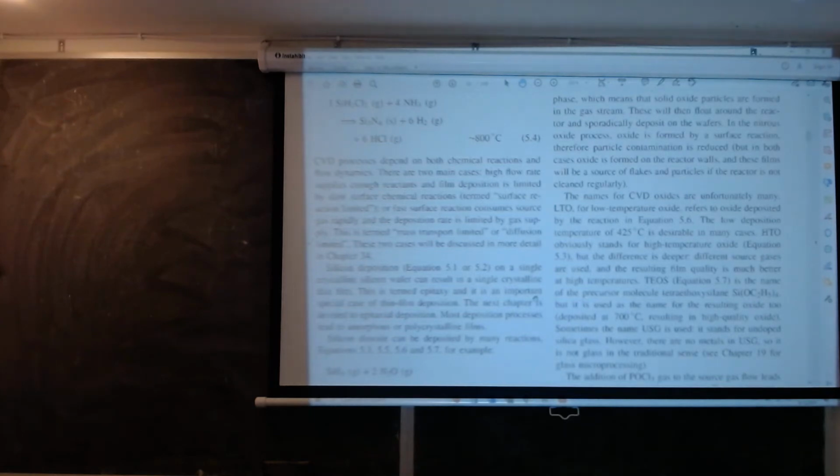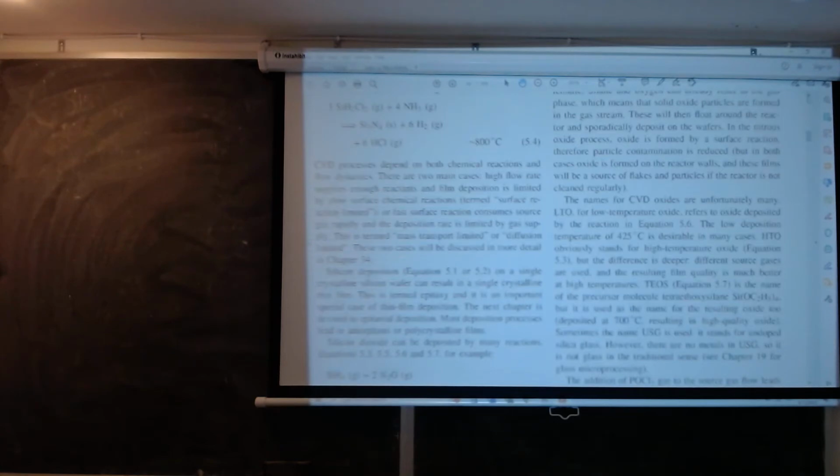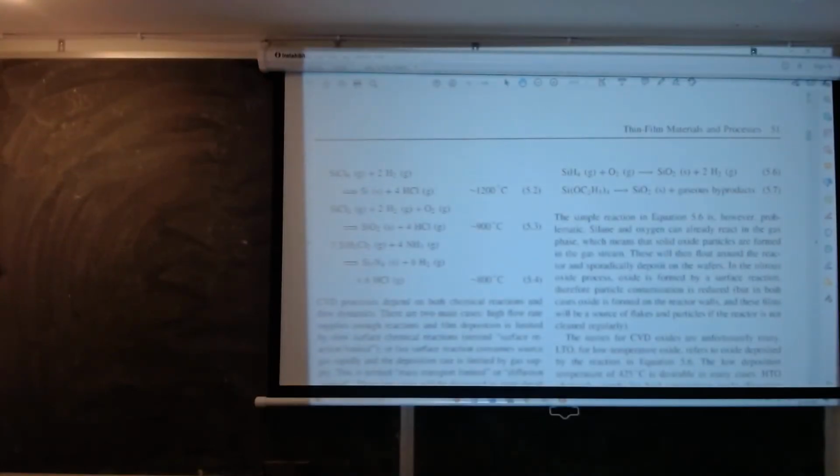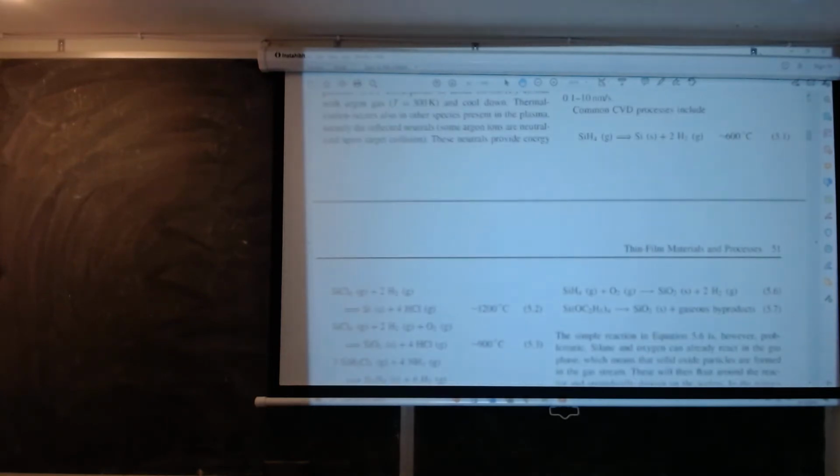For example, these equations up here: if you put in SiH4, which is called silane, you can result in silicon reacting with the surface, and so that's a way to deposit silicon.